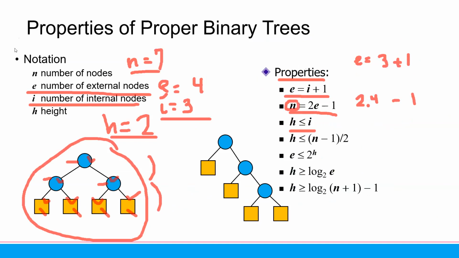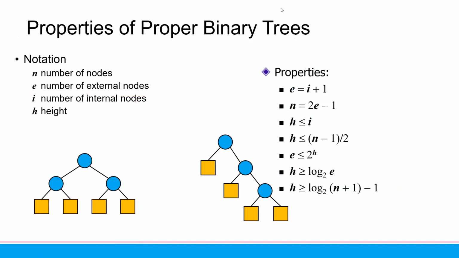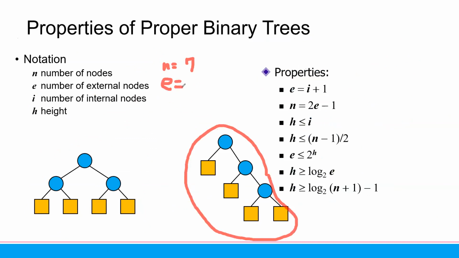Okay. So you can see that this proper binary tree can be seen as the following. In this case, N equals 7. And what about E? E, the external nodes, we have 1, 2, 3, 4. What about the internal nodes? We have 1, 2, 3.